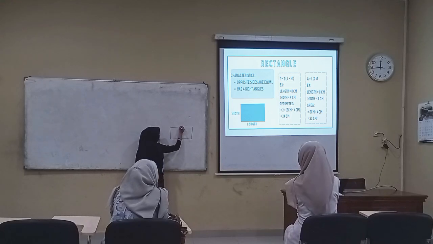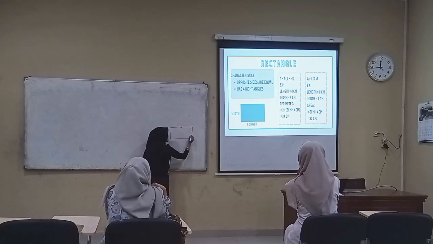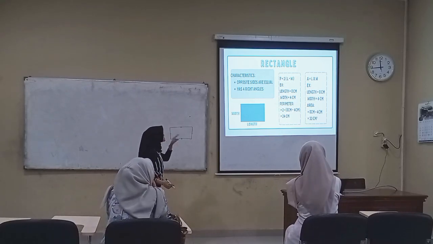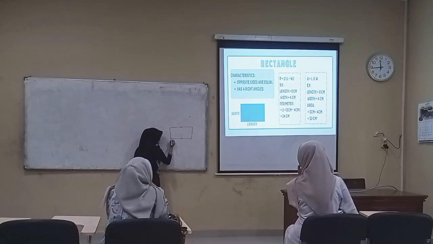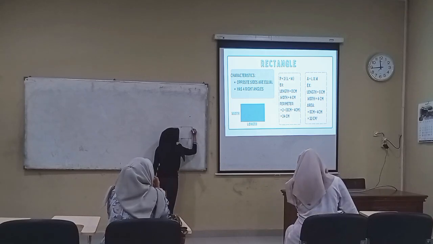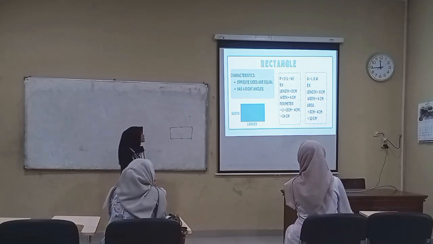This one and this one are the same, and this one and this one are the same. And second, it has 4 right angles. This is 1, this is 2, this is 3, and this is 4.